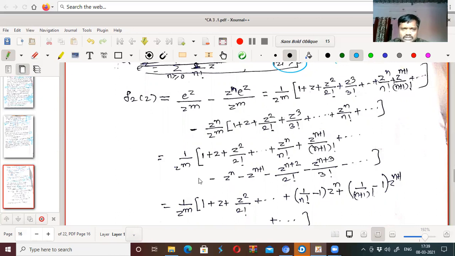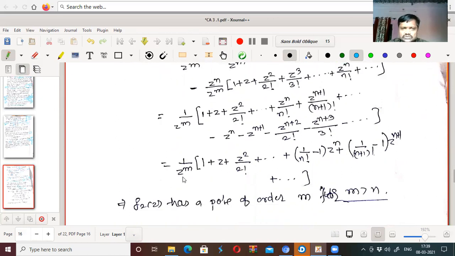Now the terms are minus because we have taken z raised to m common: minus z raised to n, minus z raised to n plus 1, minus z raised to n plus 2 upon 2 factorial, and so on. So 1 upon z raised to m into (1 plus z plus z squared by 2 factorial, and so on).